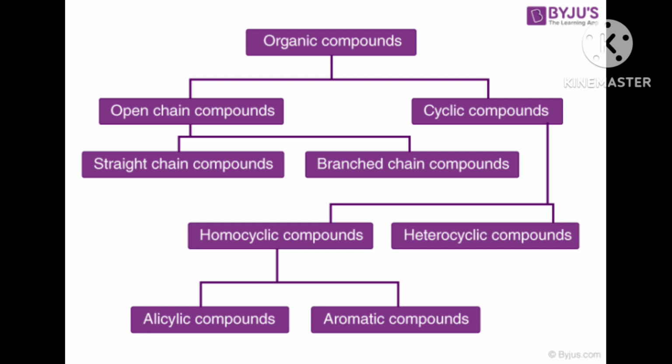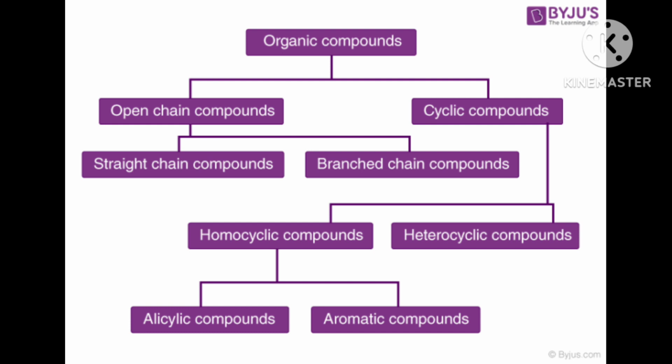So in aromatic compounds, one will be benzenoid compounds, and the other will be non-benzenoid compounds. Non-benzenoid means compounds where benzene will not be there. Six carbons may not be there; maybe 7, maybe 8, like that.